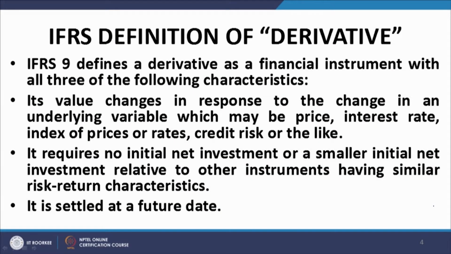IFRS definition of a derivative: for the sake of completeness, I have put it in this presentation. So, let us quickly read through it. IFRS 9 defines a derivative as a financial instrument with all three of the following characteristics. All three characteristics are mandatory.